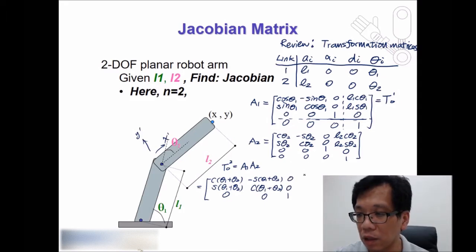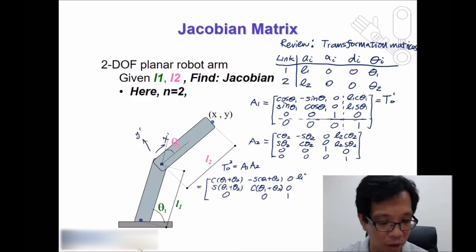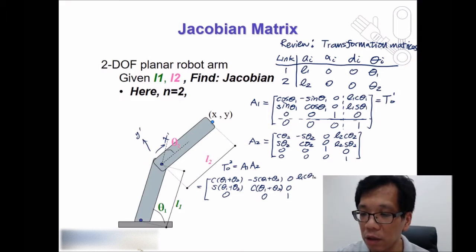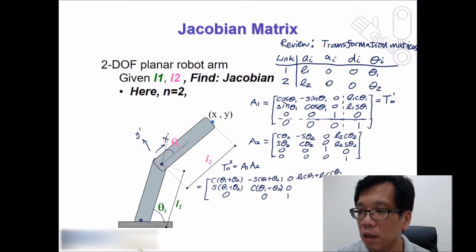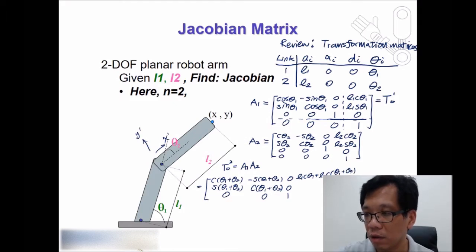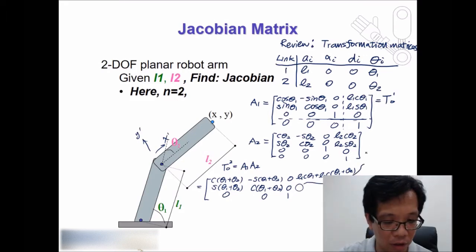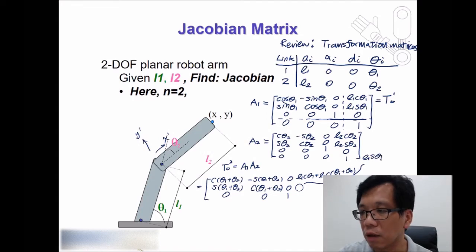And over here is going to be L1 cosine theta 1 plus L2 cosine theta 1 plus theta 2. And this component is going to be L1 sine theta 1 plus L2 sine theta 1 plus theta 2.